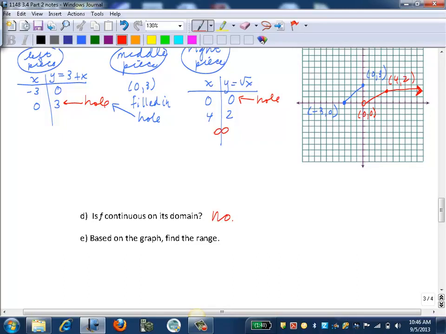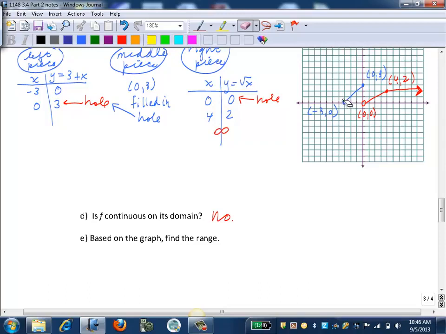And then once we have the graph, we need to be able to identify the range. Again, we should be domain and range professionals at this point in our math careers. So we want to name the bottom and the top boundaries. We start at the bottom of the graph, the lowest point. The lowest y value that I see is a y value of 0. Note, it's not included in this piece, but it is included in this piece, so I will use 0 in the range.